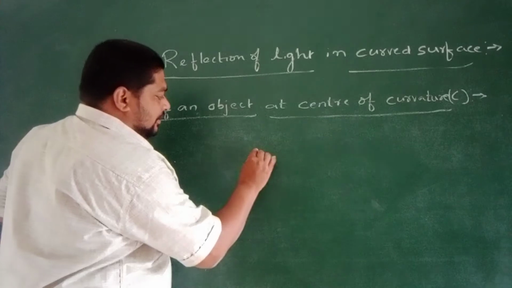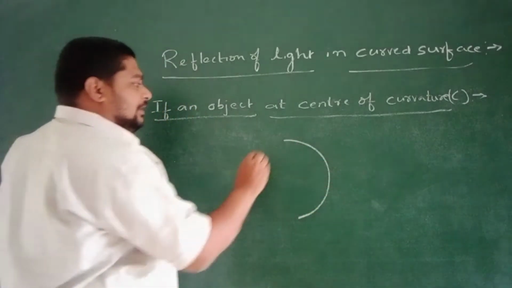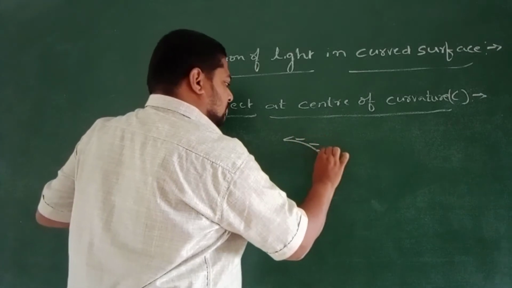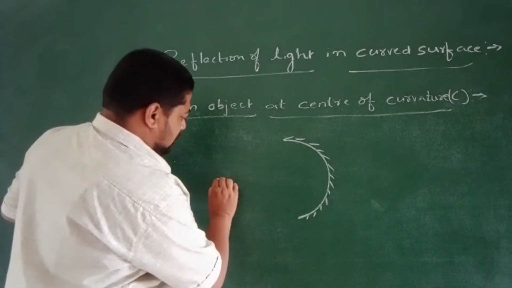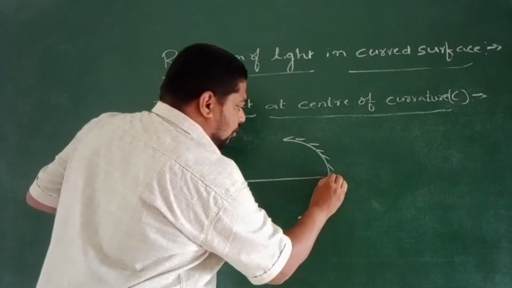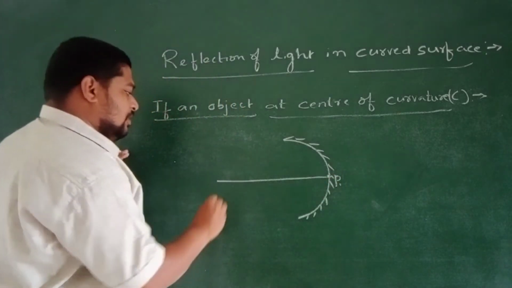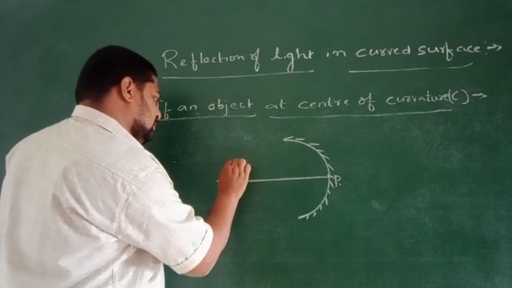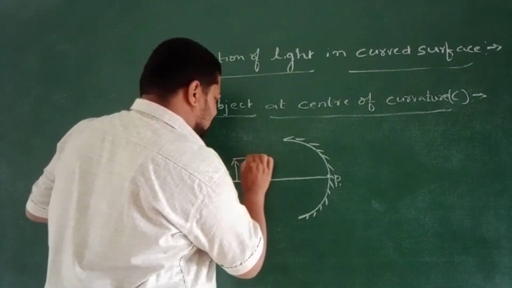So in a concave mirror, now we should draw the concave mirror. Now this is the principal axis and pole. Now I am taking an object, it is parallel to the principal axis.